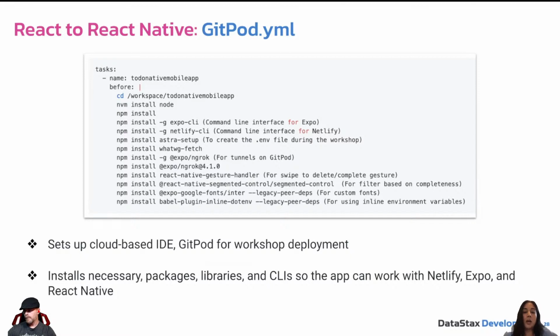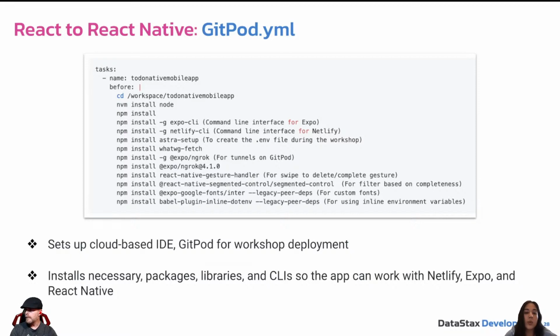so that we can use the cloud-based IDE, Gitpod. And then we also have a couple libraries for new mobile gestures and features that we didn't have in the original React app. So that includes a gesture handler to enable swiping gestures, and then a segmented control, which is at the top of the to-do list, and we'll show you that again at the end.